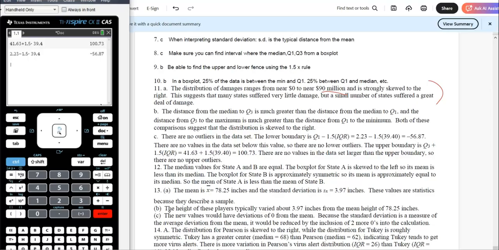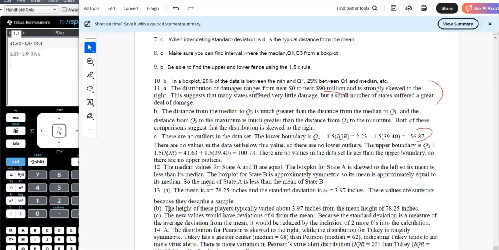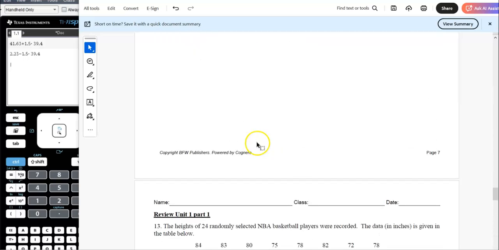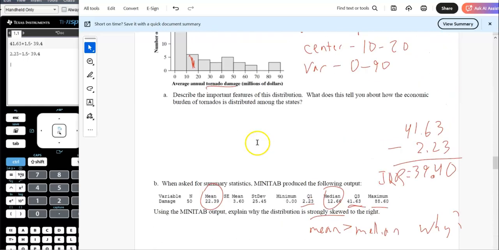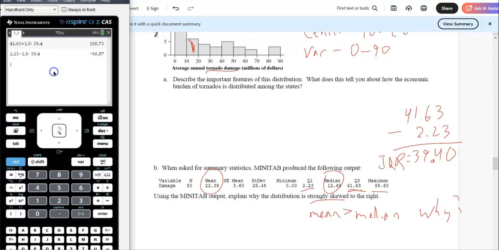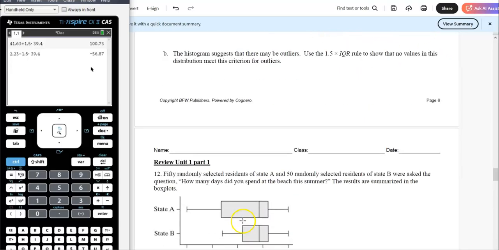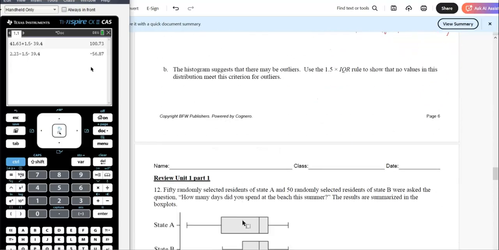So there are no outliers. They got negative 56 and 100.73. I think that might be the same two values we got. Yeah, those look familiar. Okay. So there are no outliers.